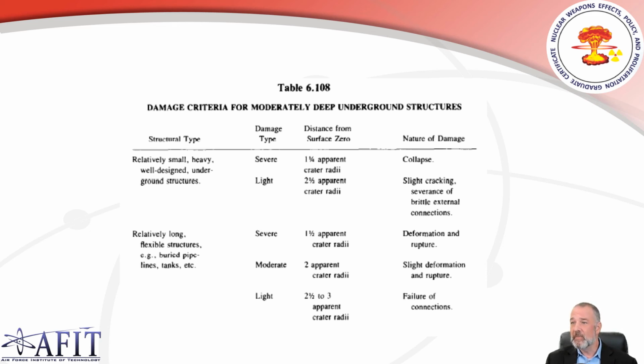So distance from surface 0, 1.25 apparent radii from that particular point would give you severe, and severe damage is listed here as being complete collapse, or light damage, which is about double that, which is where you get, again, the same thing as we saw with light damage to a surface structure, which is there will be something, but it'll be minor and repairable and not a huge issue.